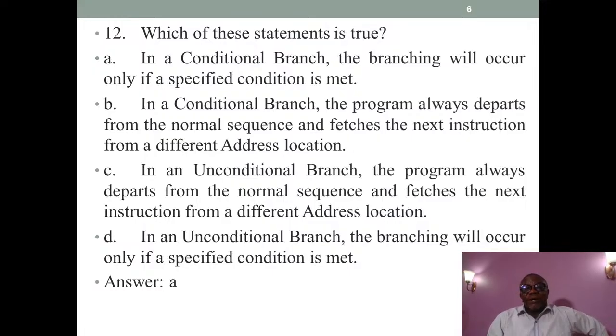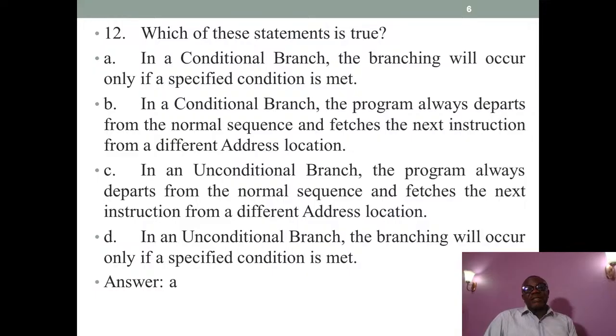And recall that we said branching instructions mostly occur when you have a subroutine. So when there is a condition, the branching will occur only if that specific condition is met. If that condition is not met, the program continues to run without branching or going to the subroutine.